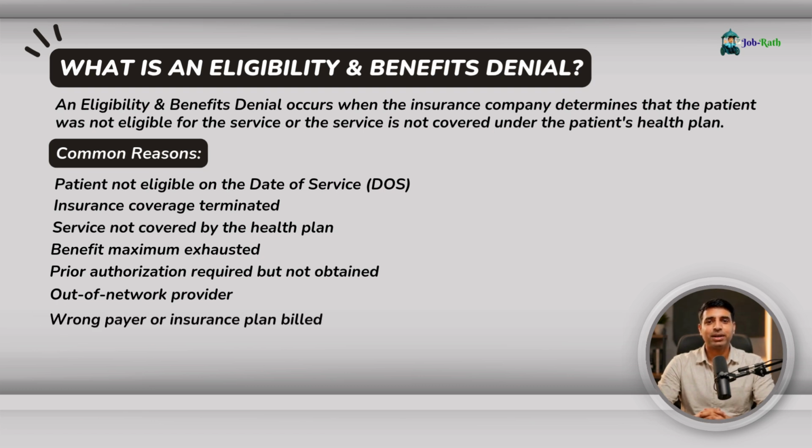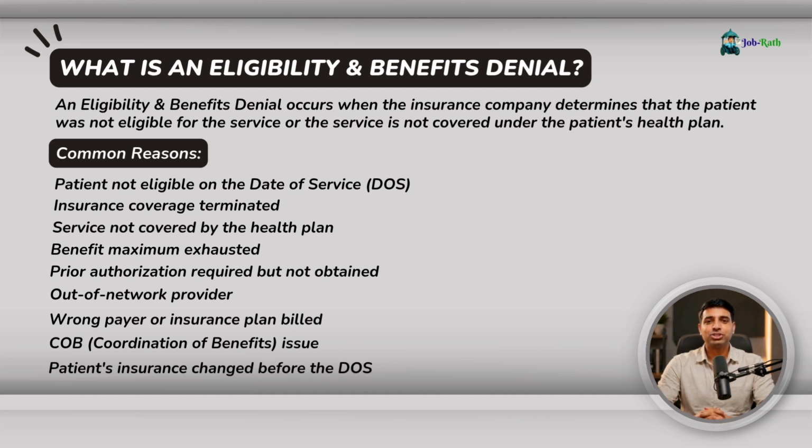The claim was billed to the wrong insurance payer or the wrong insurance plan. The patient has other primary insurance and the claim was not submitted in the correct coordination of benefits (COB) order. The patient's coverage changed, but the provider's records were not updated before the claim was submitted.